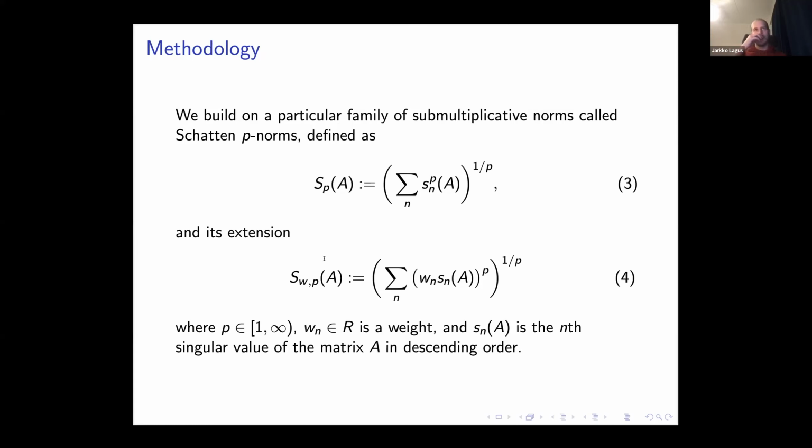In addition to this, we consider another type of metric where we have weights added to the standard Schatten p definition. The idea is that we can let the model learn different weights for different singular values, as it has been shown that some singular values are more informative.